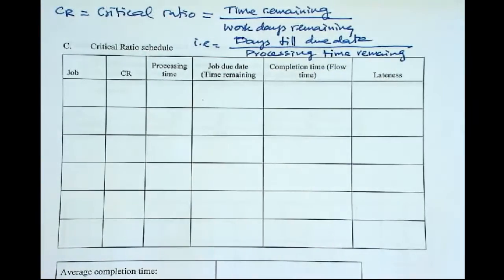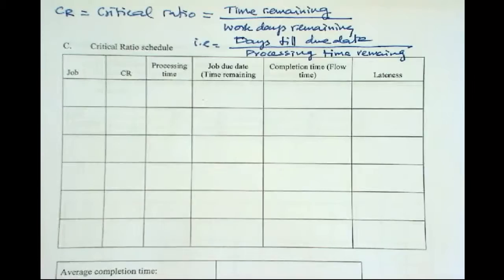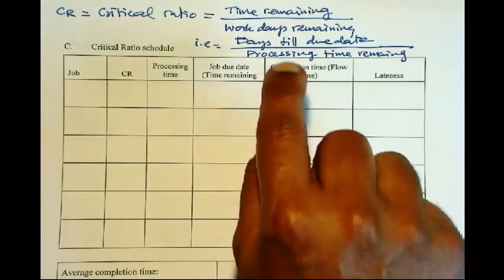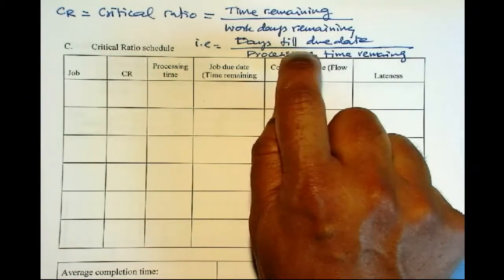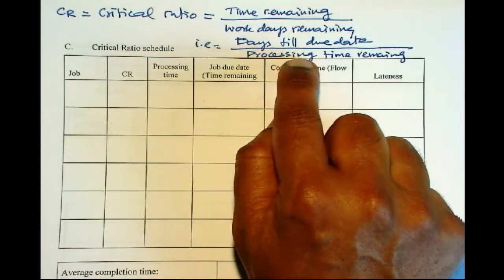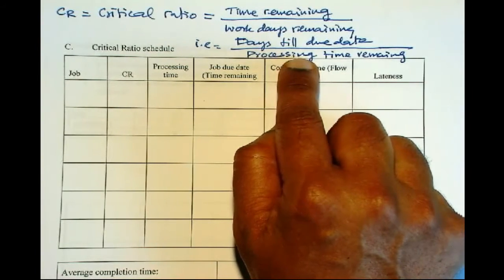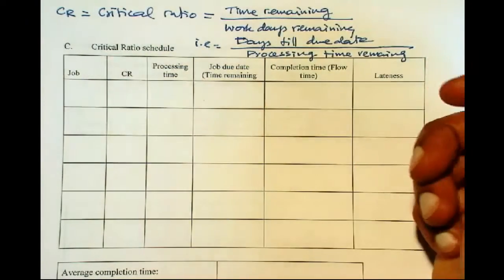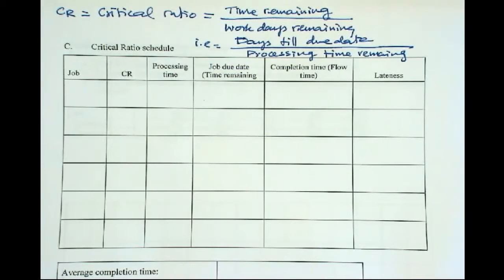So let's take a look at what this CR means for just a second. Now, if you have more work than the amount of time available, suppose the due date is 10 days, but the amount of processing time needed is 20 days.